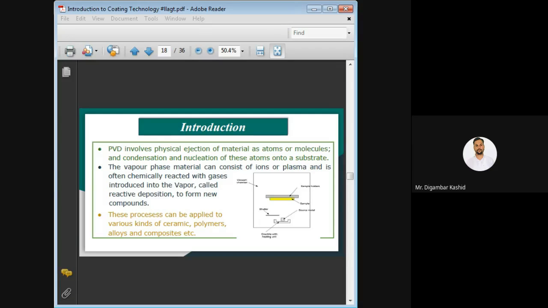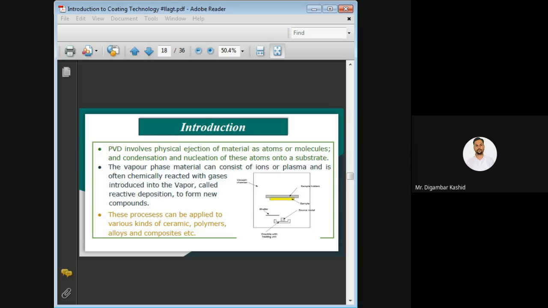So, as I have mentioned already, this is a kind of method by which there is physical ejection of the material. Ejection means spraying, or just coating the material, and here we are using some molecules.